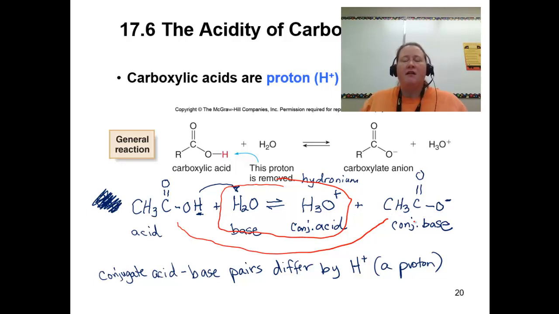Now the significance of this is that the carboxylate ion can be involved with reactions that are important to life, and for example, one of them is the production of soap.